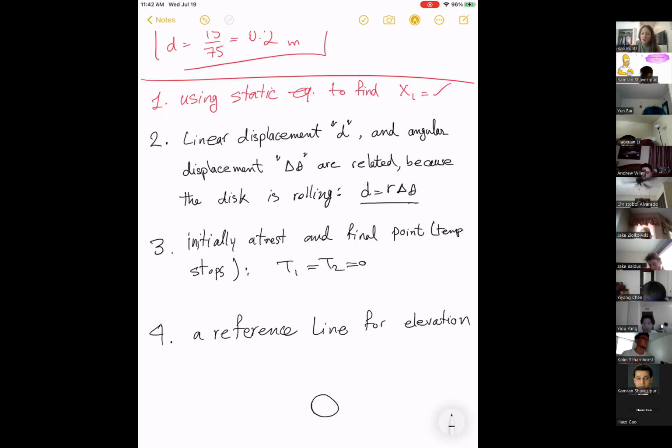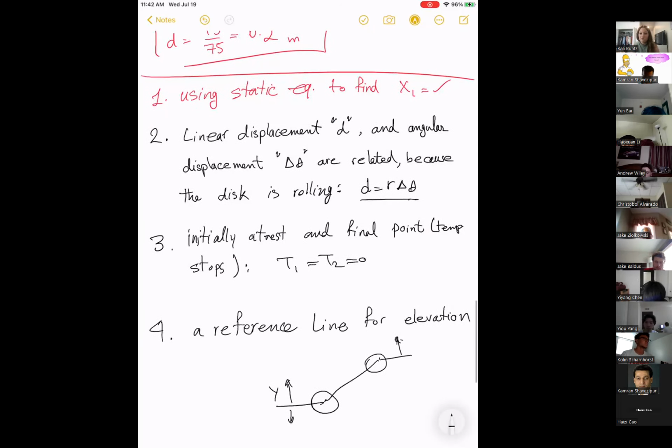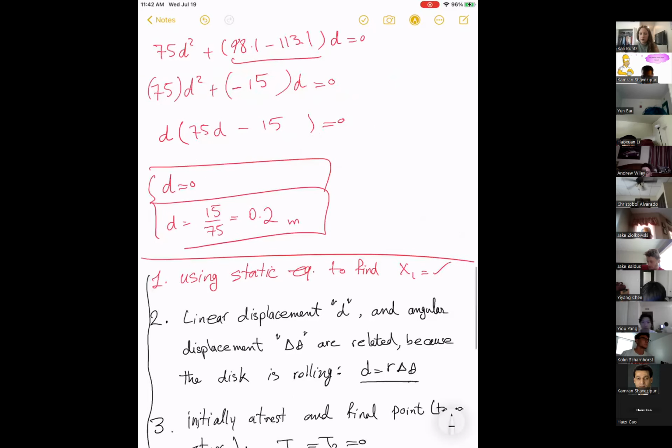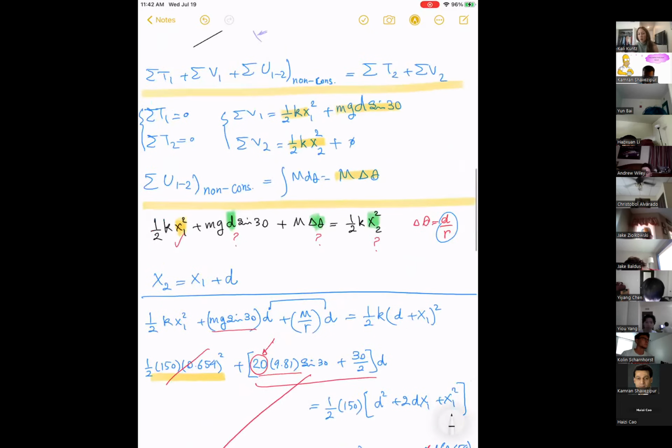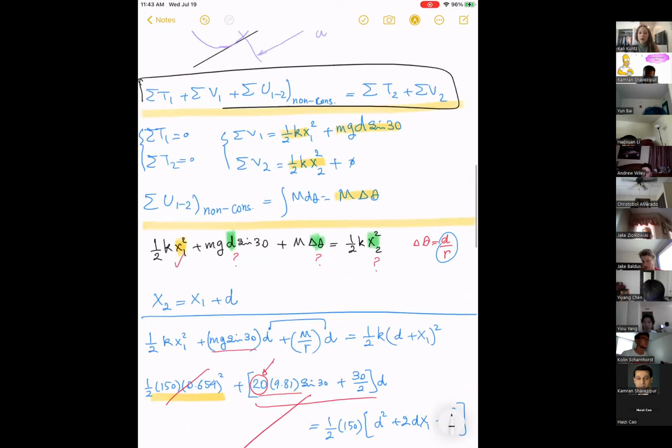In this case, that it goes from here to here, I pick the bottom point as my Y. You could pick the top point as your Y, then your potential energy will be negative because it's below the reference, but whichever you like, you can do that. These are a few things we practice here, and we go from there, right? The rest was just writing this equation, finding the terms, and solving for the unknowns.